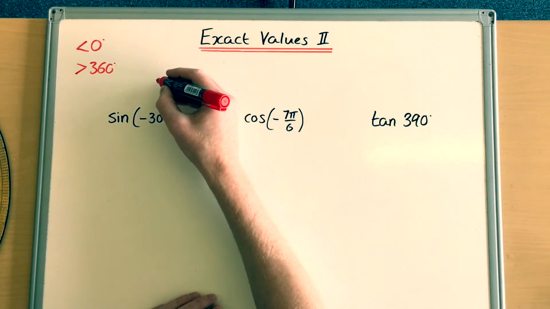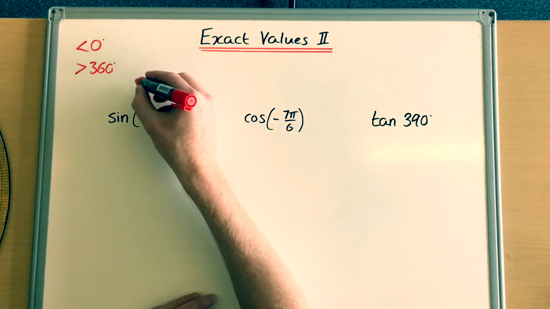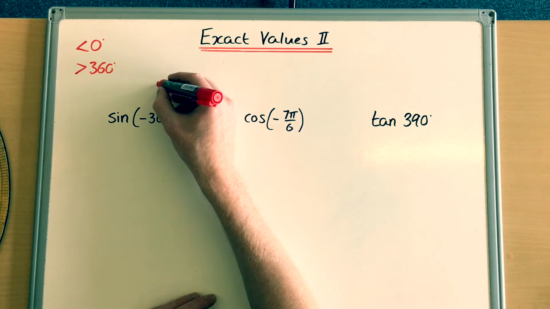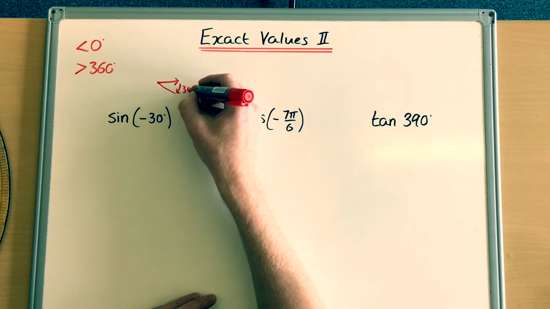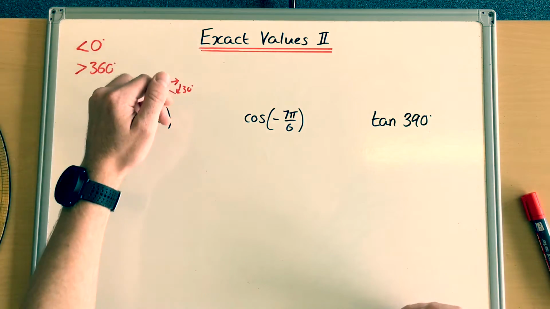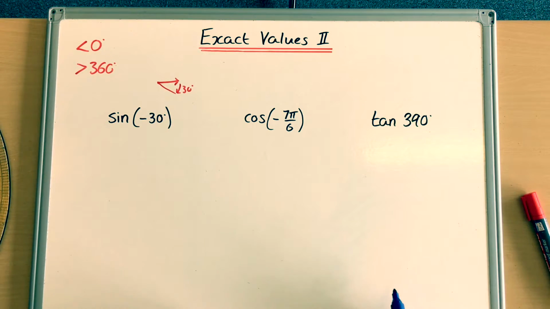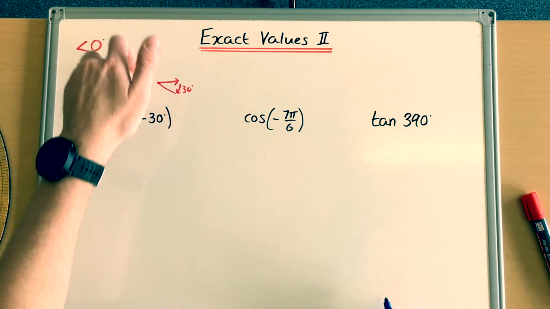So what I want to ask myself is, I'm going to put a little arrow here. Minus 30 is like, instead of going round this way like a cast diagram does, it's like just going 30 degrees backwards, this way, down this way. Okay, and if we think of a cast diagram, it's like going down into a cos quadrant there. So I always want to work going this way around like my cast diagram goes.